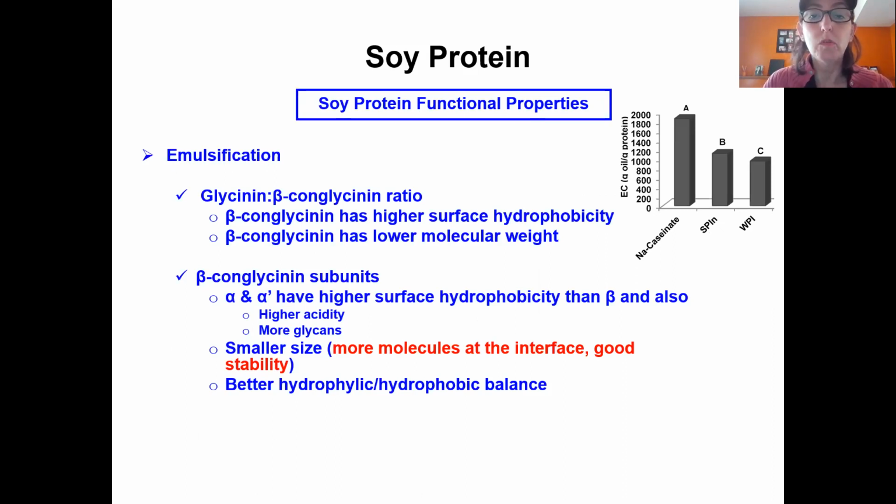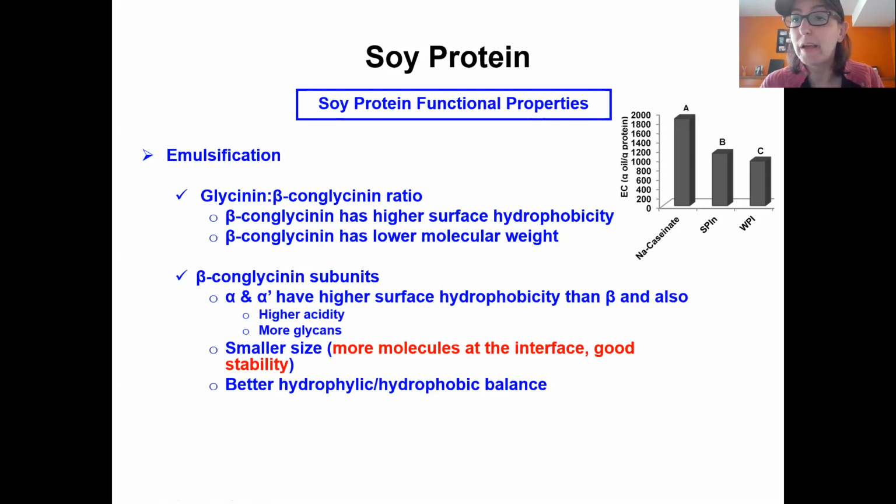In terms of emulsification properties, again, the ratio of glycinin to beta-conglycinin is important. Beta-conglycinin here plays a more significant role than glycinin in the formation of an emulsion because of its smaller molecular weight. So in general, it moves to the interface faster and more easily. It doesn't have disulfide linkages, so it's more flexible at the interface.